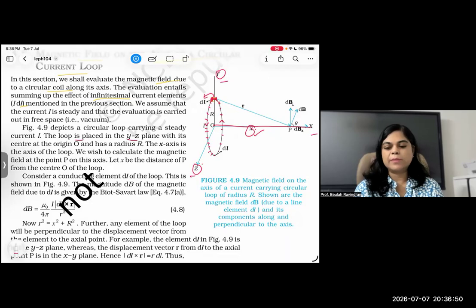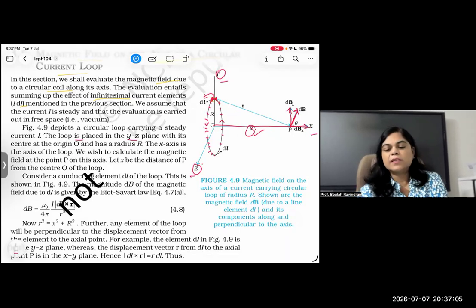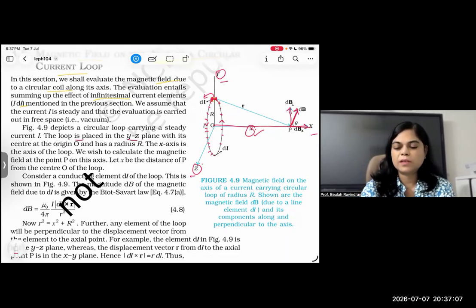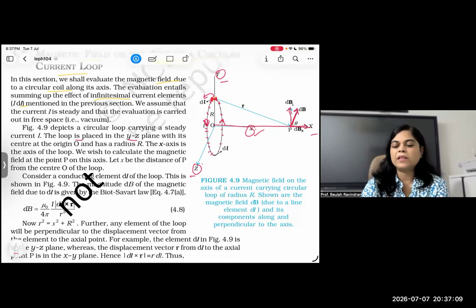So considering conducting element dl of the loop, this is shown in the figure. Okay, so the magnetic field dB is now calculated. This is dB. You can resolve the magnetic field into two components, dB at P, because here the current is flowing through this. Okay, so how will the magnetic field be?